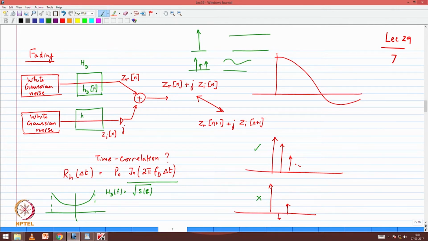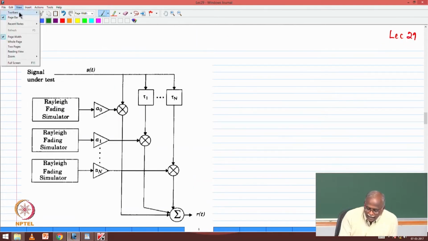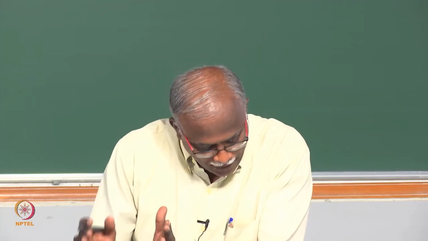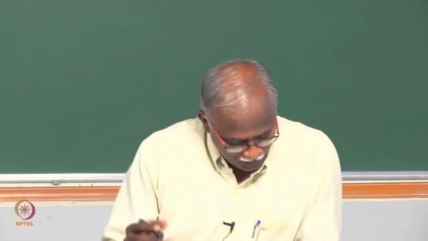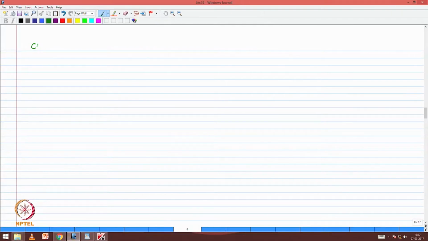The same filter has to be used here also, because both the real and imaginary parts have to have the corresponding spectrum, and then you combine them as real and imaginary, which are independent of each other, and together we will get the desired behavior in our result. Okay, so the process of generating the desired response is as follows. My method is to generate white noise, pass it through a filter, and then obtain the output. So the first method that we will be studying is called the Clark and Gans method.